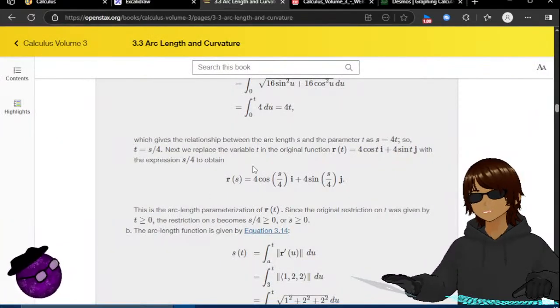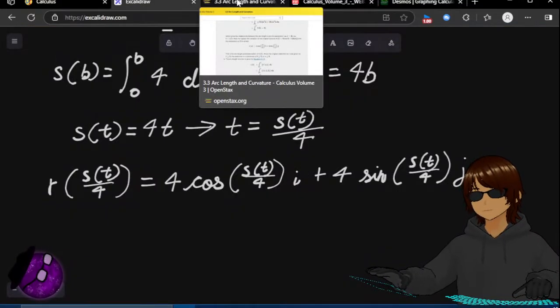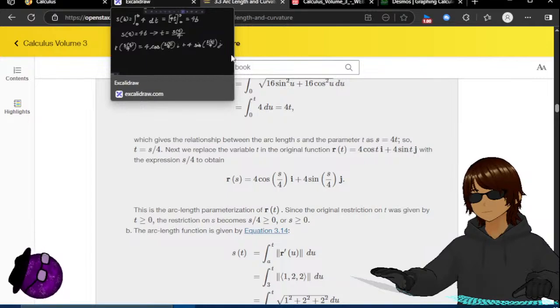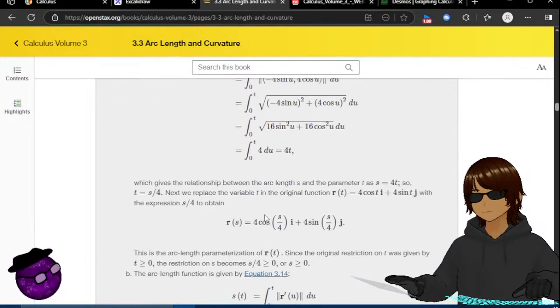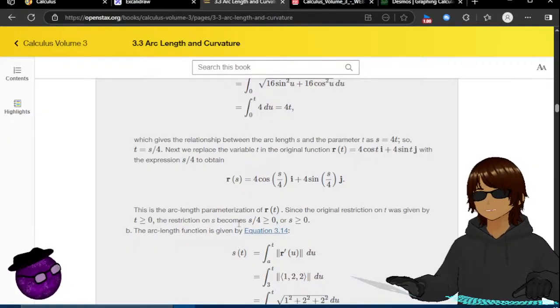Why did they write s instead of s over 4? Why did they do this? Since the original restriction on t was given by t is more than or equal to 0, the restriction on s becomes s over 4 is more than or equal to 0, or s is more than or equal to 0.